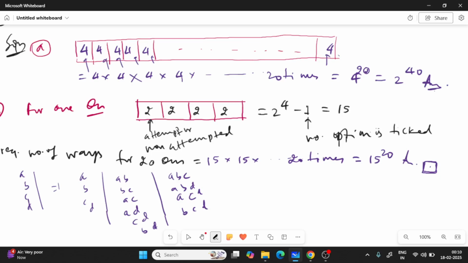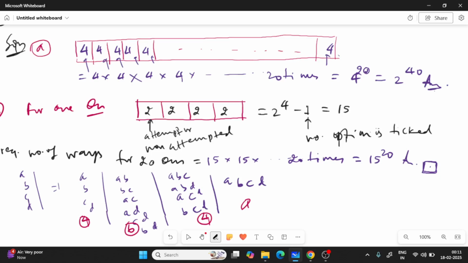So as you see, here four ways are possible, here six ways are possible, here again four ways, and here one way.